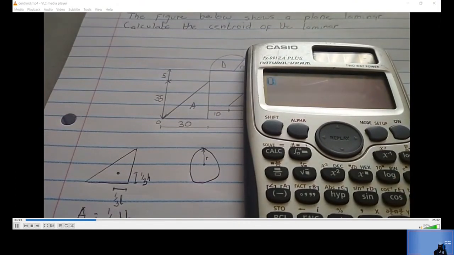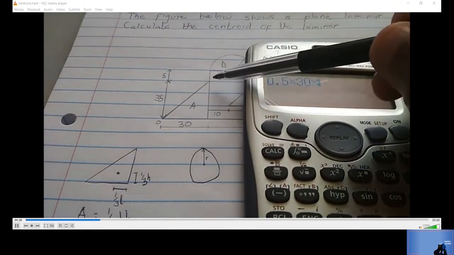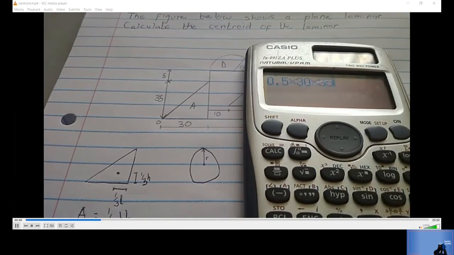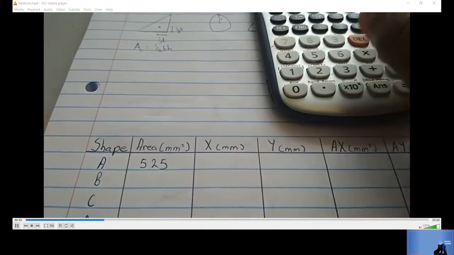We're going to say half, let's switch calculator on, which is 0.5 times the base. Our base is 30 times 30 times a height of 35, and we get 525. Take that answer, put it, 525 right there.